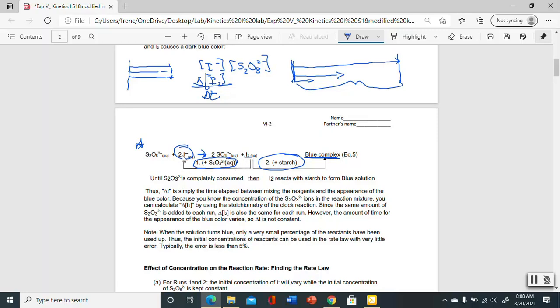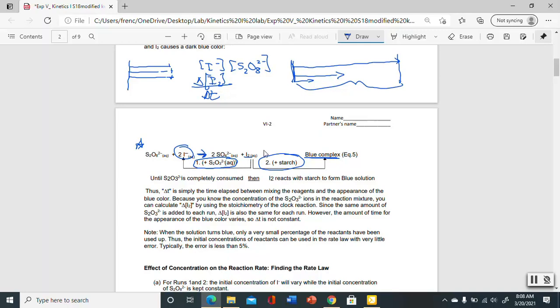Same concentration of thiosulfate. So again, if we're a fast reaction, we're going to use up that thiosulfate fast. If we're a slow reaction, this is slowly being produced, you're going to use up the thiosulfate slowly.